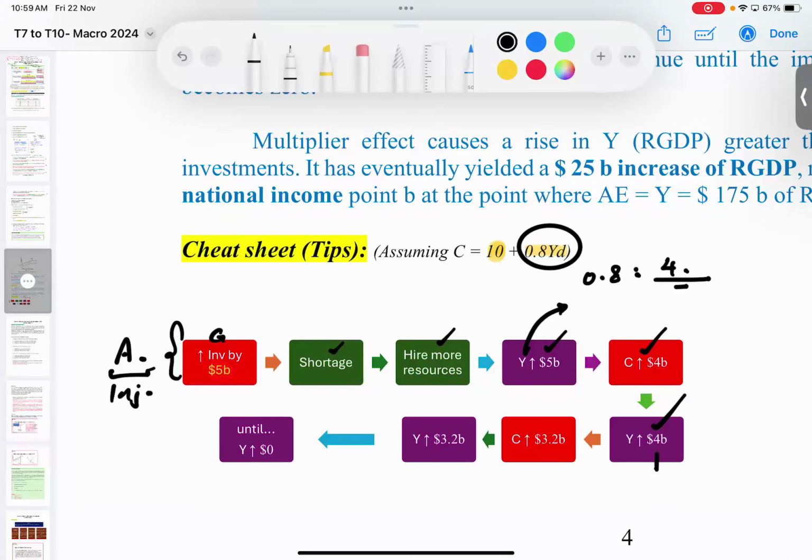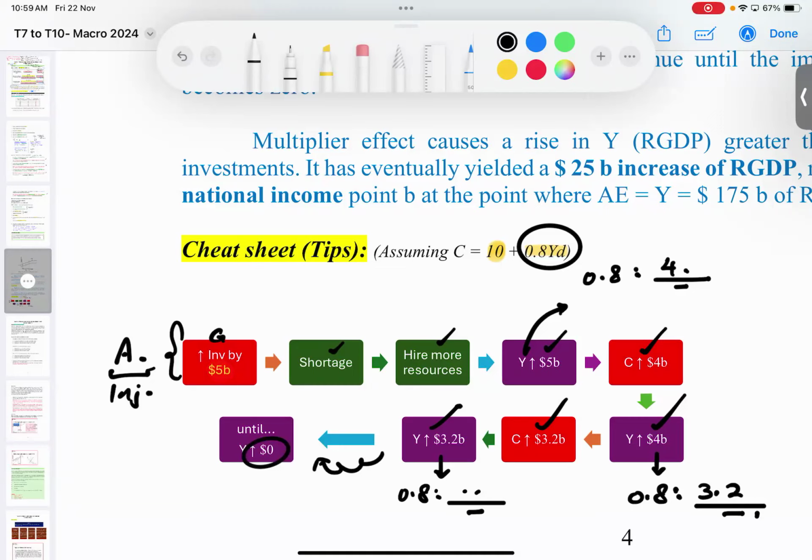Now output increased by 4 billion, 80% of it will be spent, so it will be 3.2. Consumption increased by 3.2 billion, resulting in an increase of output by 3.2 billion as well. Again, when output increased by 3.2 billion, 80% is spent, until it becomes zero.